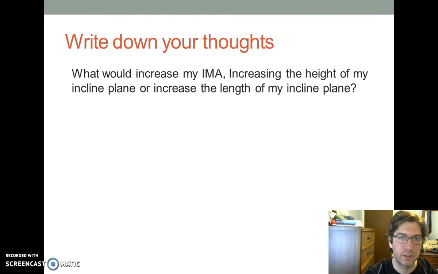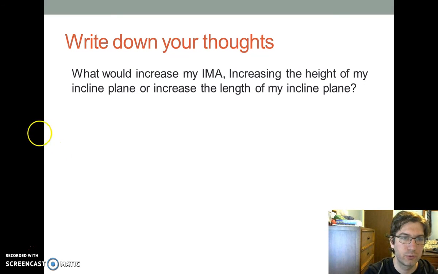Just a little activity while you're taking notes. What would increase your ideal mechanical advantage? Would that be increasing the height of the plane or increasing the length of the inclined plane?